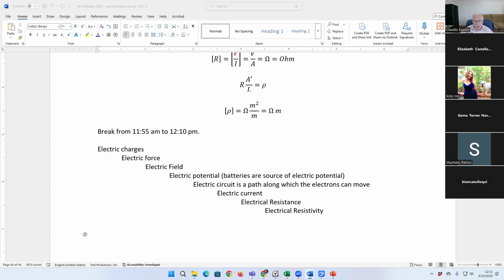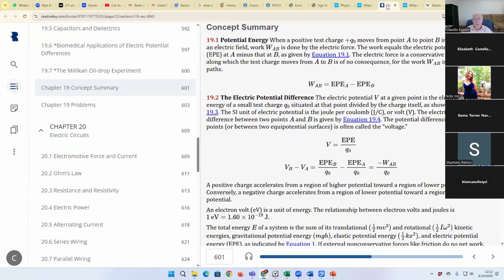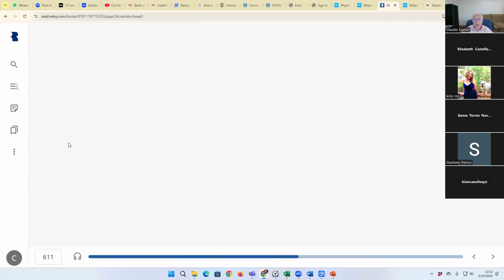Okay, so even better, let's try an example from the book. This one here, electromotive force, Ohm's law, see? Keep in mind that I elaborated much more than the book, okay? When I start talking about electric circuits, all that elaboration that I put forward for you is not going to be in the book. But Ohm's law is in the book.